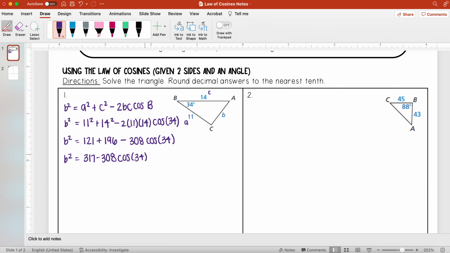And that's as far as I can simplify on the right-hand side.